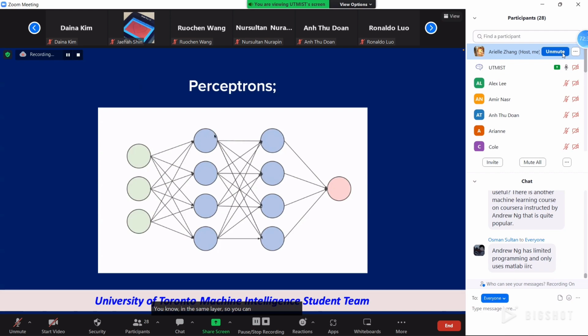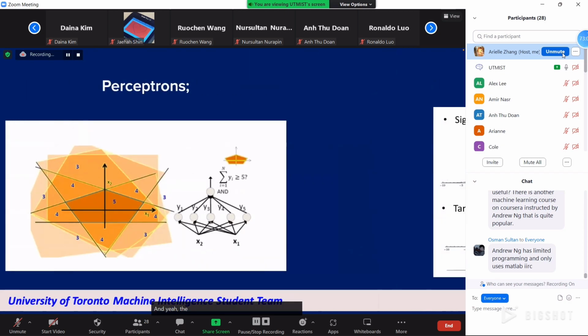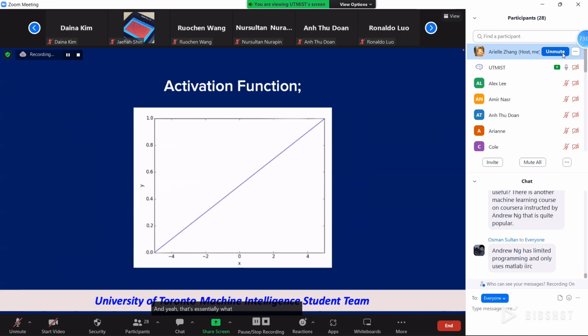So you could use ReLU over here and maybe sigmoid over here, but it's usually consistent within the current hidden layer. So one layer is called a hidden layer. And the number of neurons in the middle is called hidden units. Yeah, that's essentially what an activation function is.